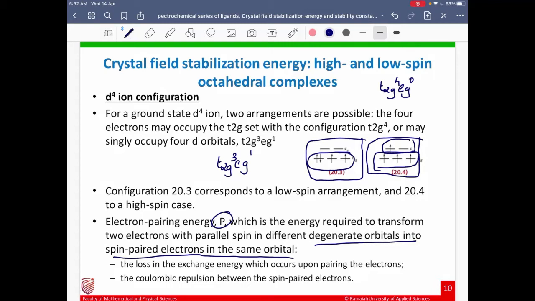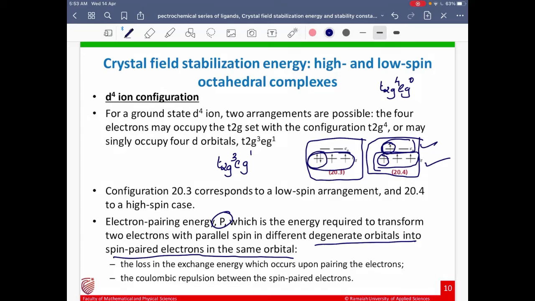Here you see two electrons with parallel spin in two different degenerate orbitals, and here spin paired electrons in the same orbital.